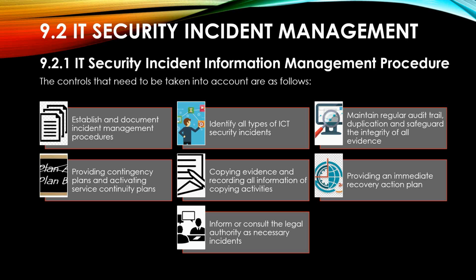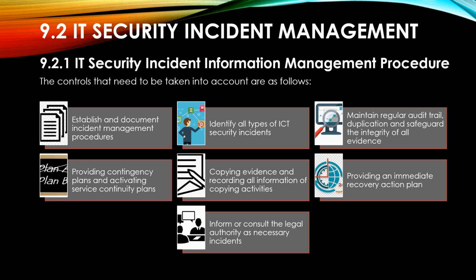Control number 1. Establish and document incident management procedures. Number 2. Identify all types of ICT security incidents. Number 3. Maintain regular audit trail, duplication, and safeguard the integrity of all evidence. Number 4. Provide contingency plans and activate service continuity plans.